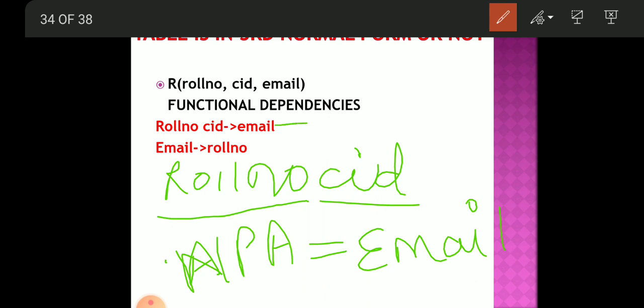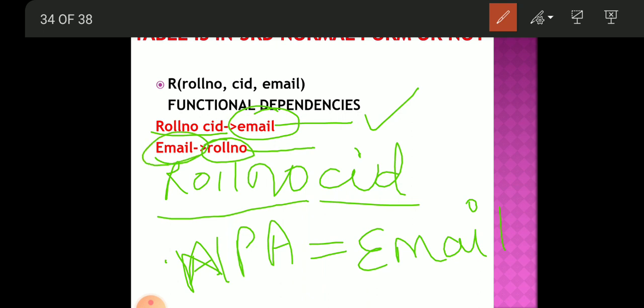Check the first functional dependency. This is a non-prime attribute, and it is derived from roll number and CID, but roll number and CID are prime attributes, so there is no problem of transitive dependency. Now check the other functional dependency: roll number is a prime attribute derived from a non-prime attribute.